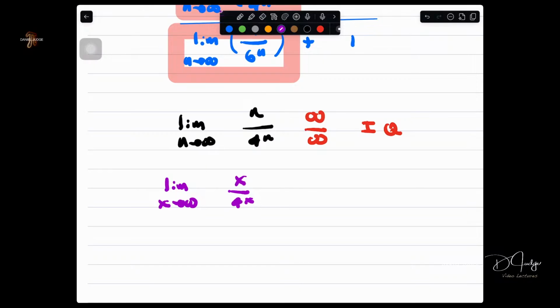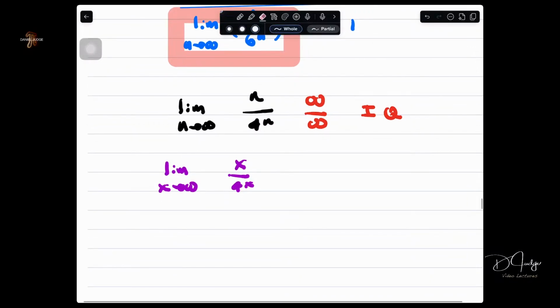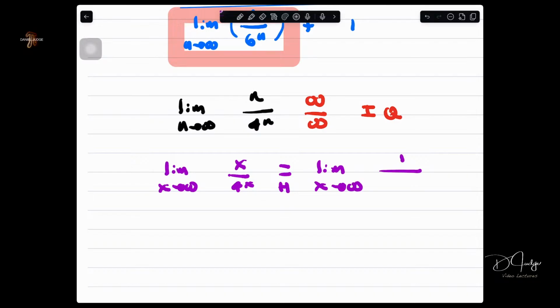Now, if you guys recall here from Calculus 2, using L'Hopital's rule, this will be the limit as x goes to infinity of 1 over the derivative of 4 to the x power, which will be 4 to the x natural log of 4.